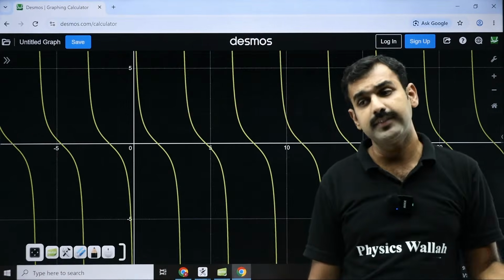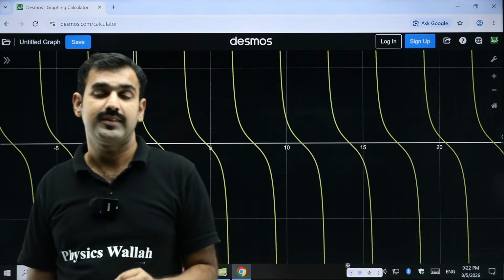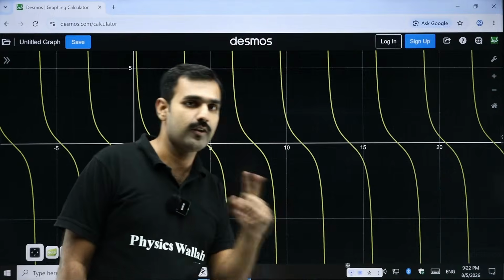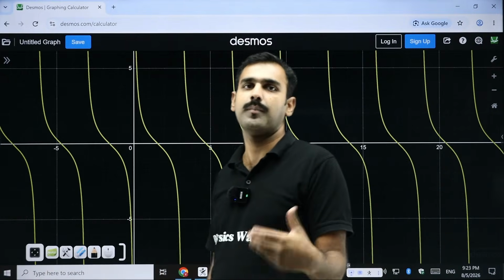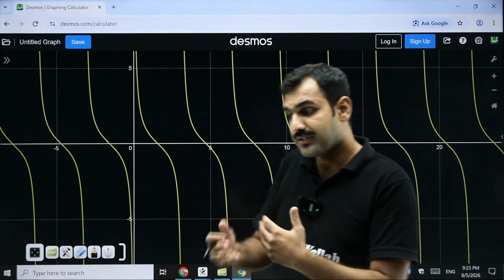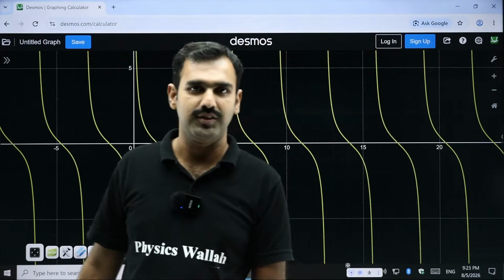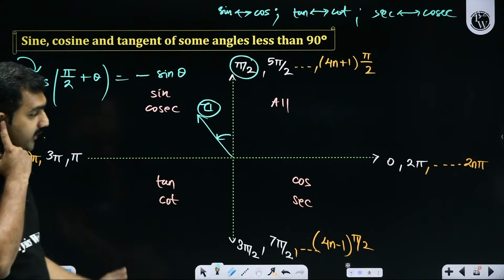The graph stays above the x-axis means it is on the positive side of the y-axis. It means tan and cot are positive. So that's a pattern which it shows, and based on that pattern, we have given the generalizations, and based on those generalizations, we are writing all this.